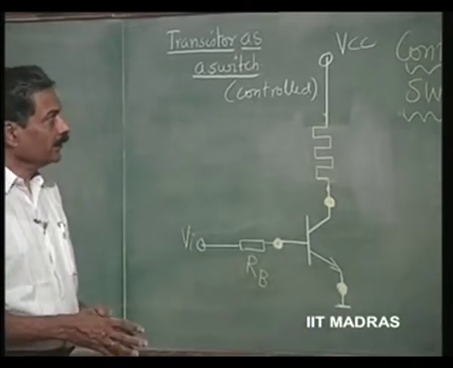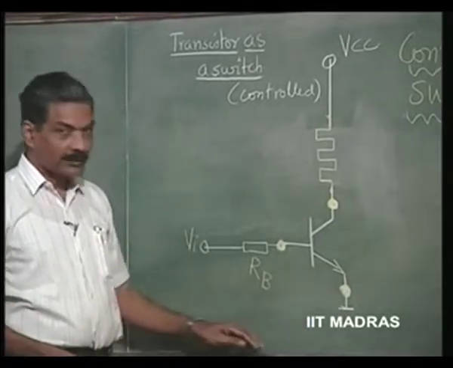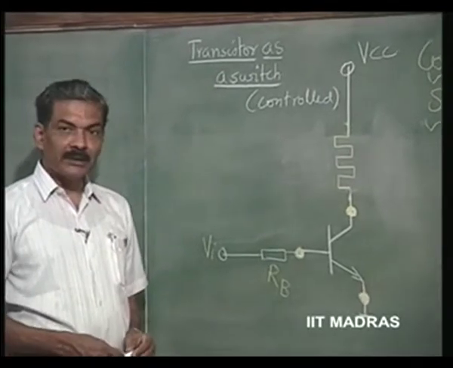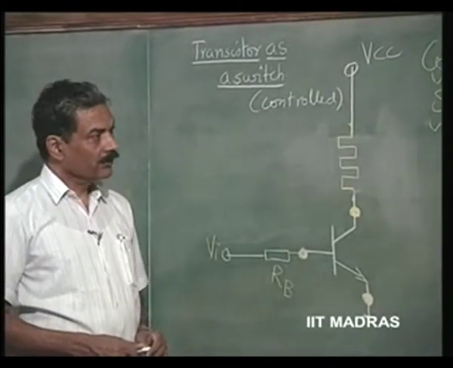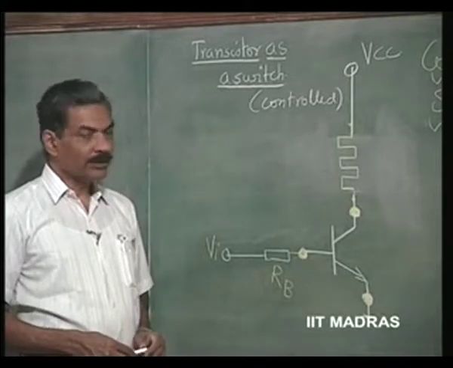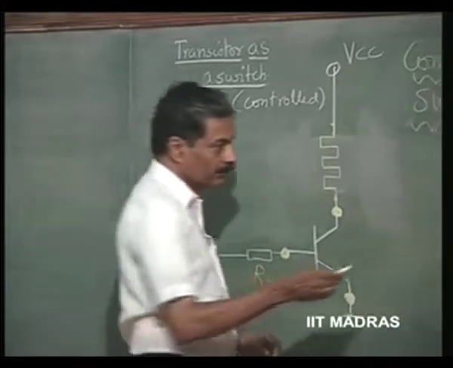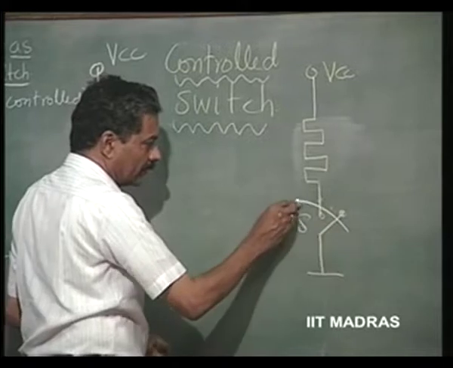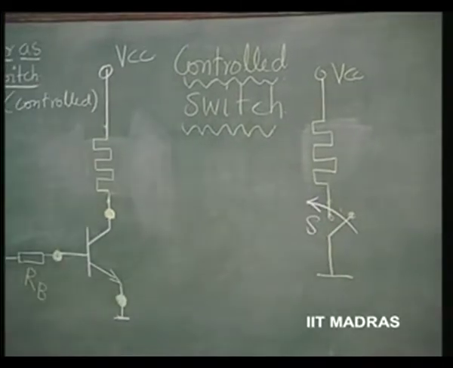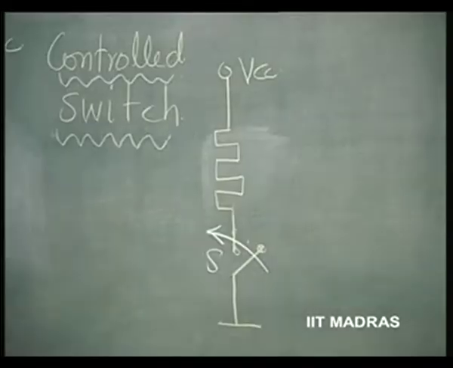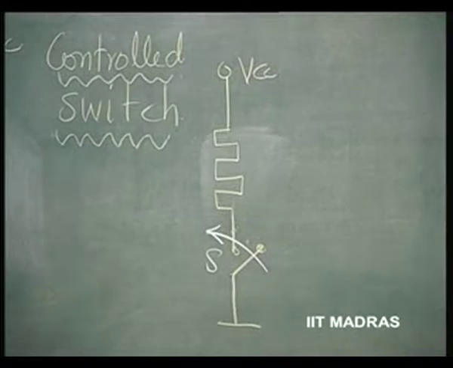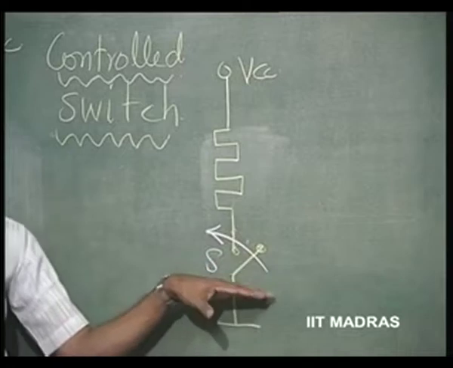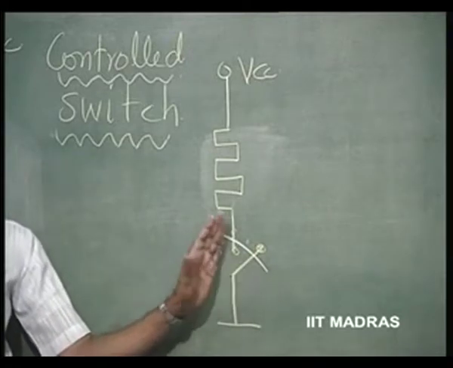Now we will consider this transistor as a switch, a control switch, which is an important function. We want a switch to be closed at our command. Given a command, I want to close this switch, and given another command, I want to open this switch. So, a switch is either an open circuit or a short circuit.